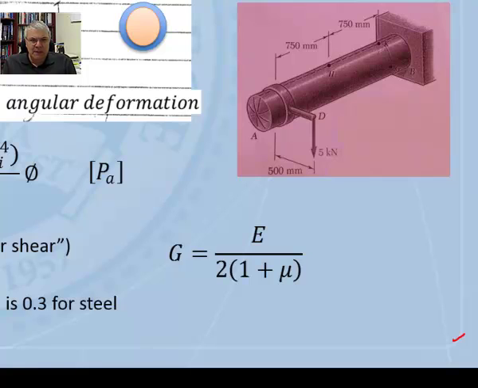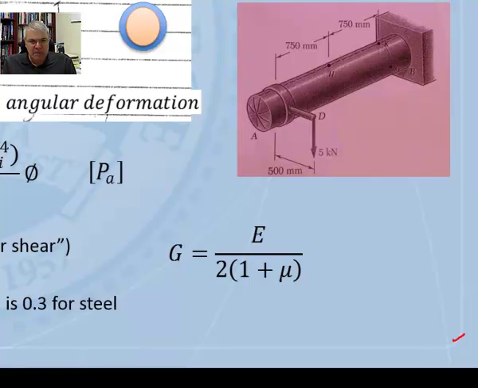So the T, the torque that's applied, is given from the formula. In this case, there is a term G that we probably haven't discussed so far, and the angular deformation that I just showed you.